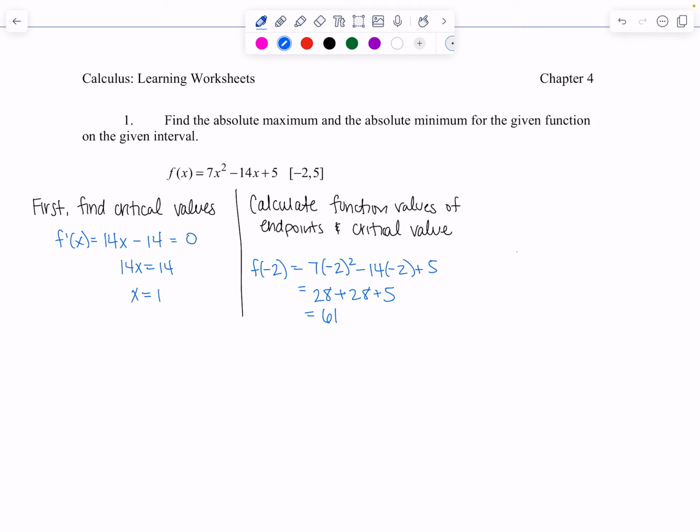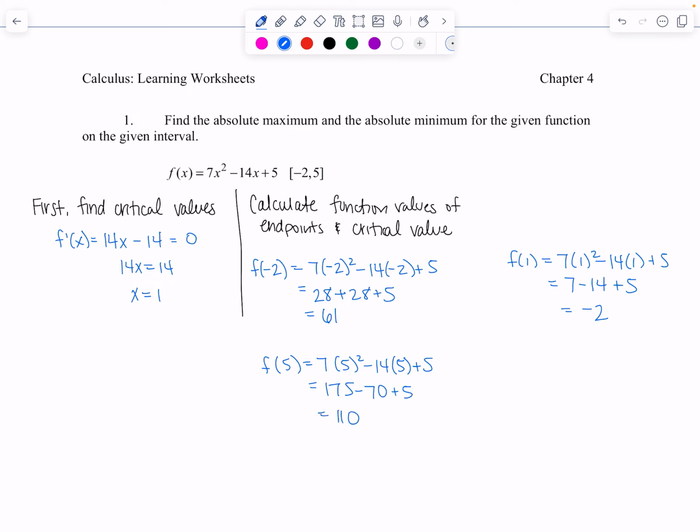We'll have f of 1, which is our critical value, 7 times 1 squared minus 14 times 1 plus 5. So we have 7 minus 14 plus 5, -2. And our other endpoint, f of 5: 7 times 5 squared minus 14 times 5 plus 5. So we'll have 175 minus 70 plus 5. This gives us 110.